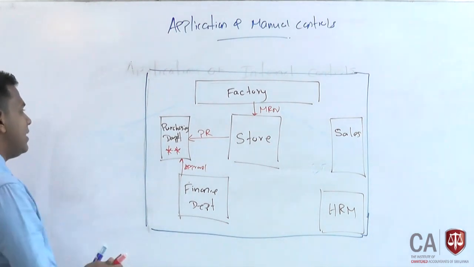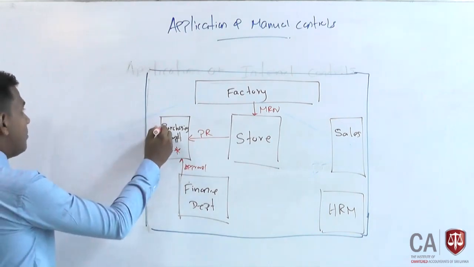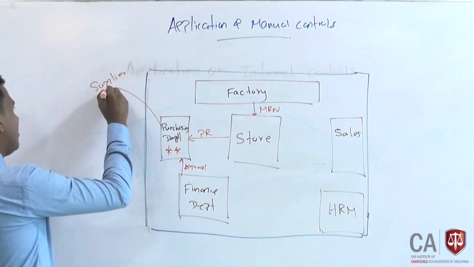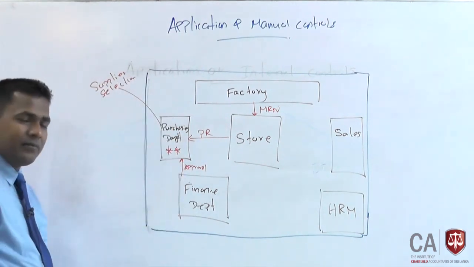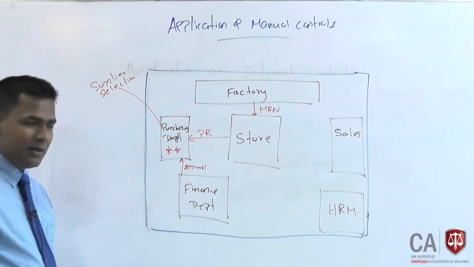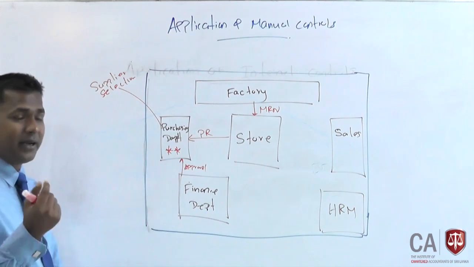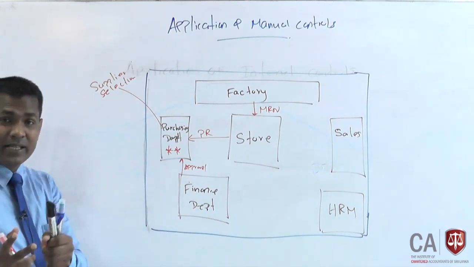So the purchasing department will perform a supplier selection. Supplier selection will be done properly. It may be either calling 3 quotations or, if it is a bigger one, a tender, or it may be registered suppliers. What is a registered supplier?